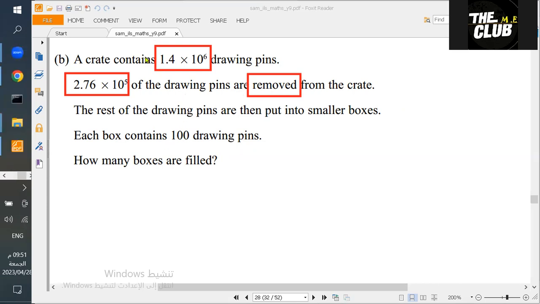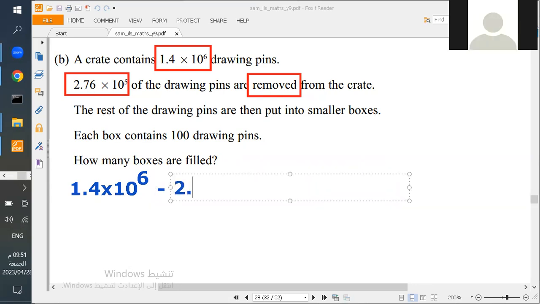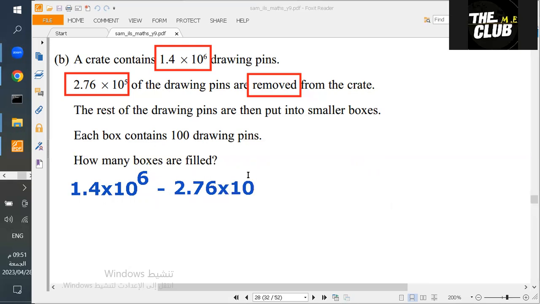First thing, subtraction, so we write the question here: 1.4 times 10 power of 6, minus 2.76 times 10 power of 5. It's important to understand the question, not just to know how to answer. First step: this minus this. Same idea, I'm going to do this with the calculator. We write this as ordinary numbers. I can put them in brackets like this, maybe it's better for the eye.